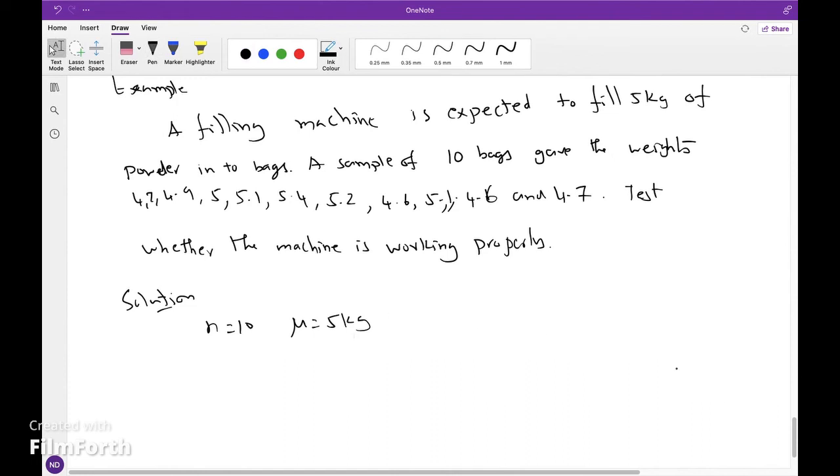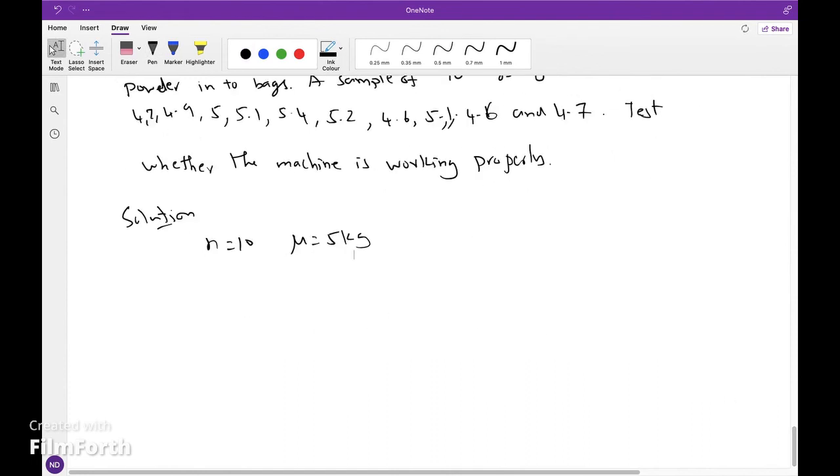Here the data given, so we can use x equal to 4.7, 4.7, 4.7, 4.9, 5, 5.1, 5.4, 5.2, 4.6, 5.1, 4.6, 4.7.